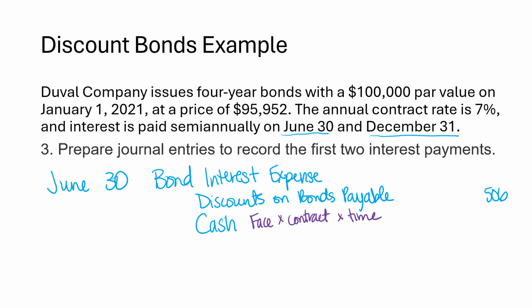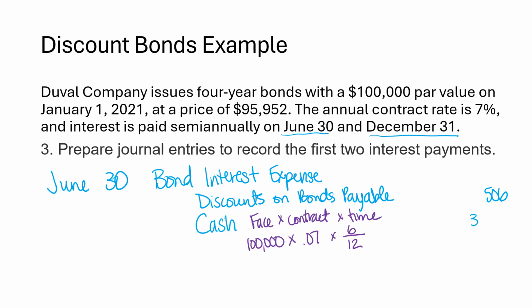So the face value here is 100,000. The contract rate is 7%. The time is every 6 months, so times 6 over 12. So 100,000 times 0.07 times 6 over 12 equals $3,500. So that's the amount of cash that will be paid out as interest.